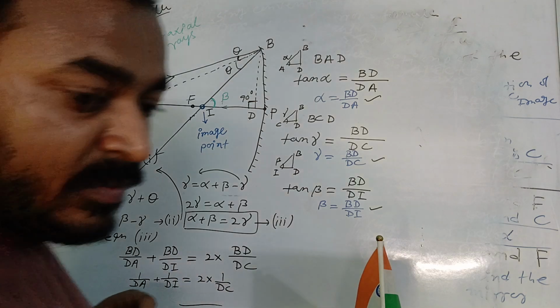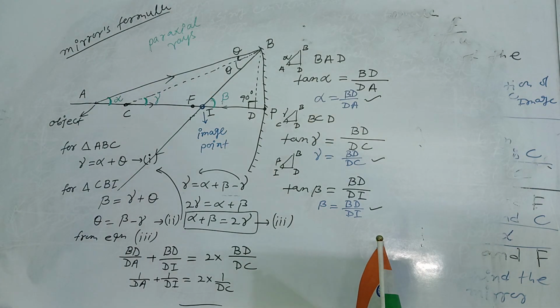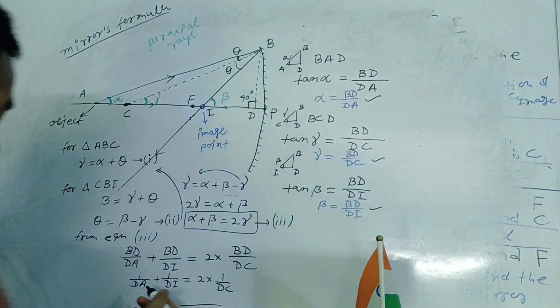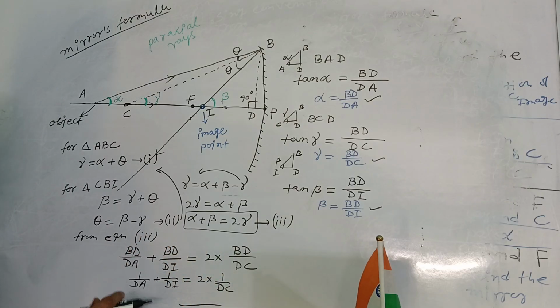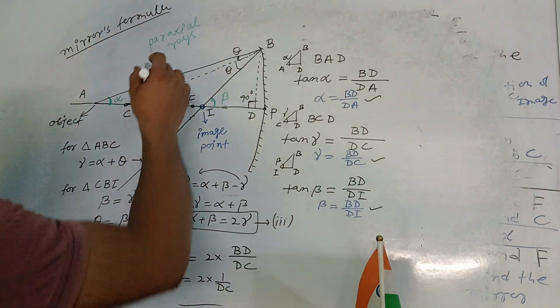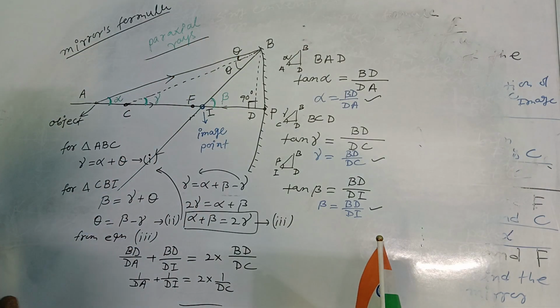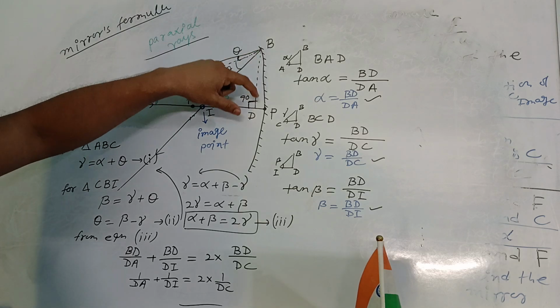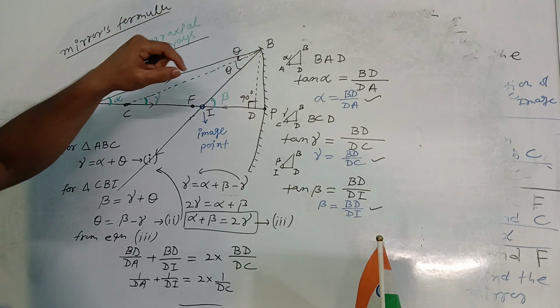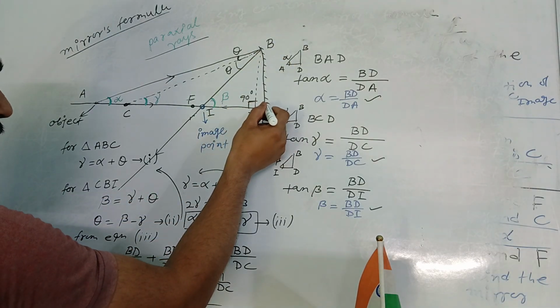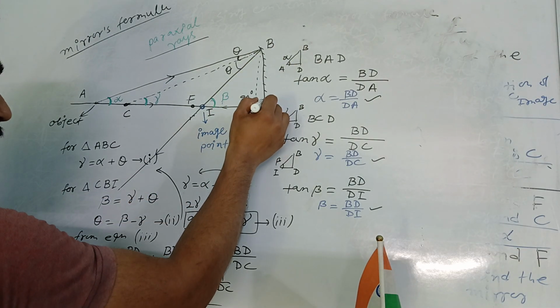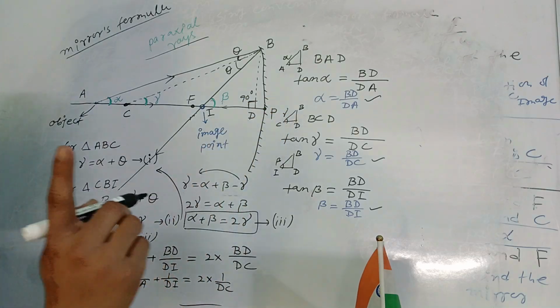We are getting it here. Let me check. Yes. So see, 1 by DA plus 1 by DI. What is the value of DA? As we discussed, under the paraxial approximation, this ray is very close to P. If this D point is over here and you draw a normal on the principal axis, be careful.